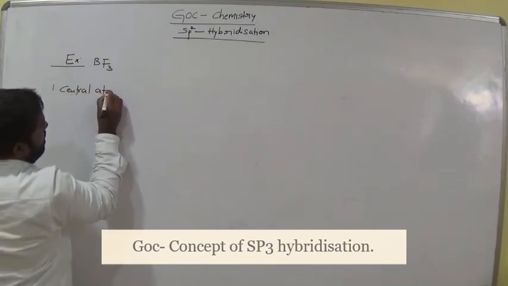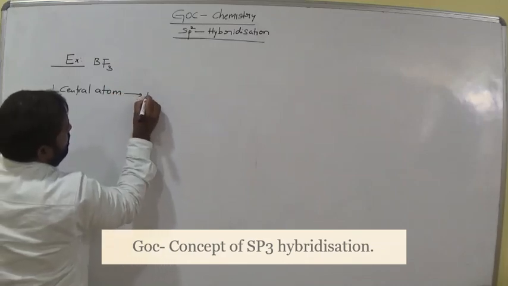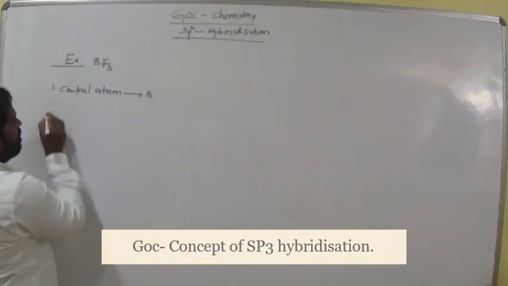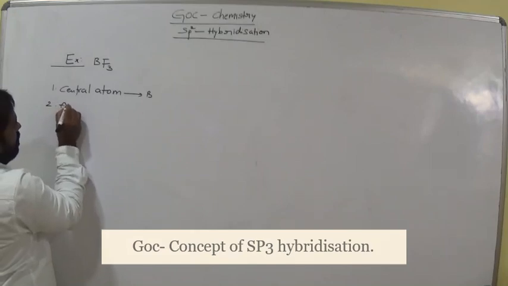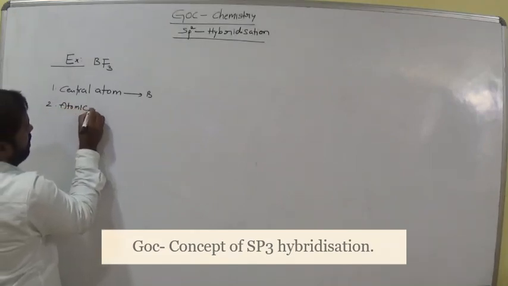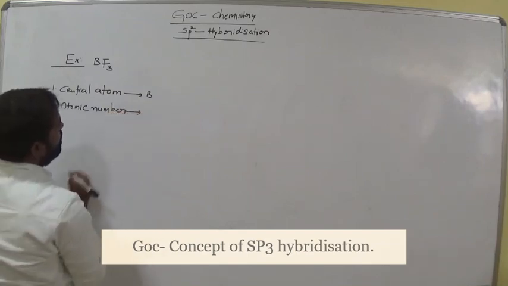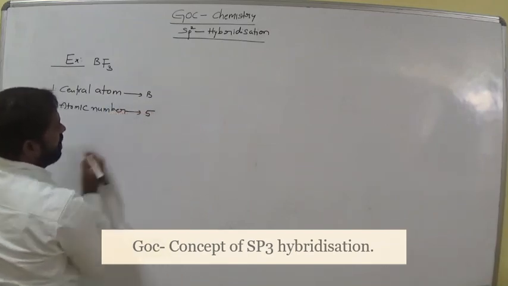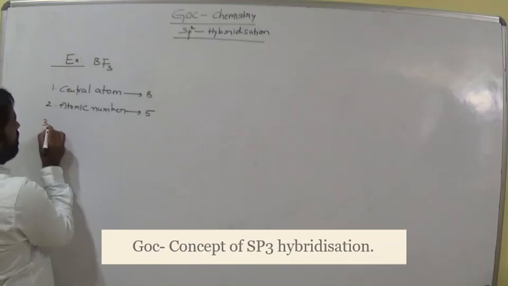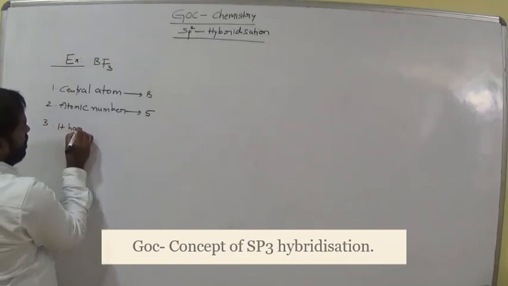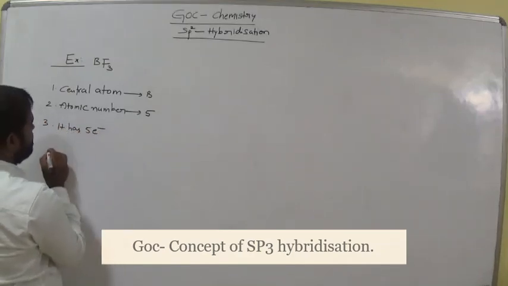What is the central atom here? Boron is the central atom. The atomic number of boron is 5, so it has 5 electrons.